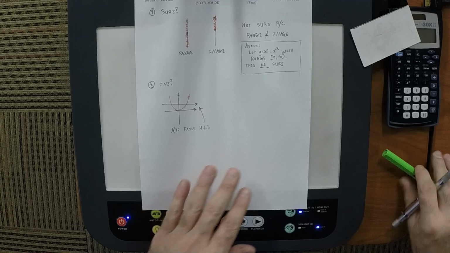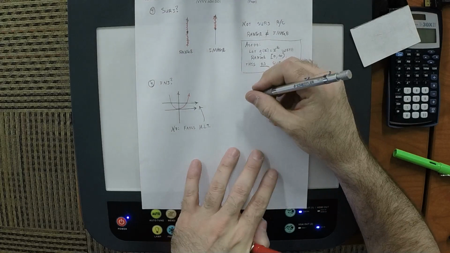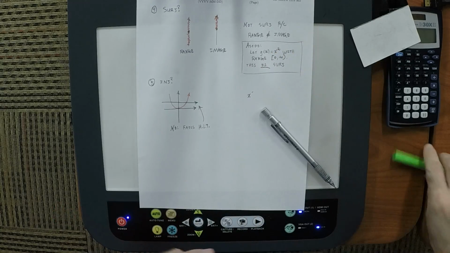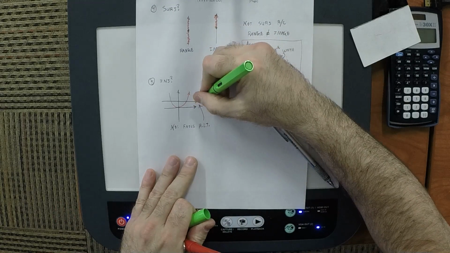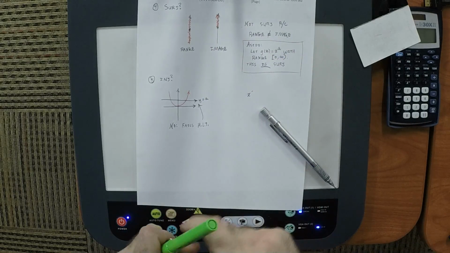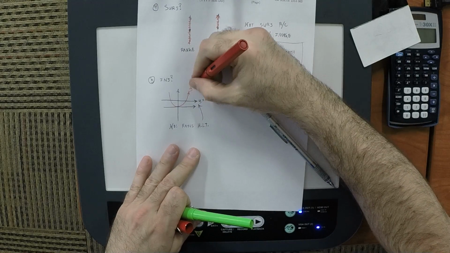From an algebraic point of view, you consider this equation. So writing this is y equal a. And this one is y equal x squared.